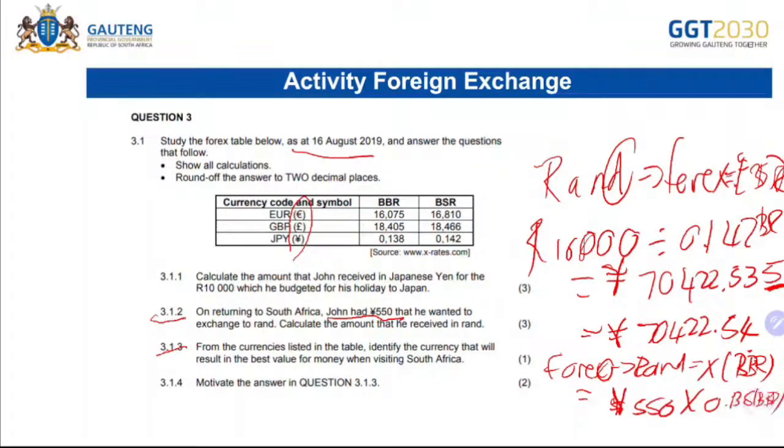It's me again with my calculator in the exam. 550 Japanese yen multiplied by 0.138, the amount in the bank buying rate column.